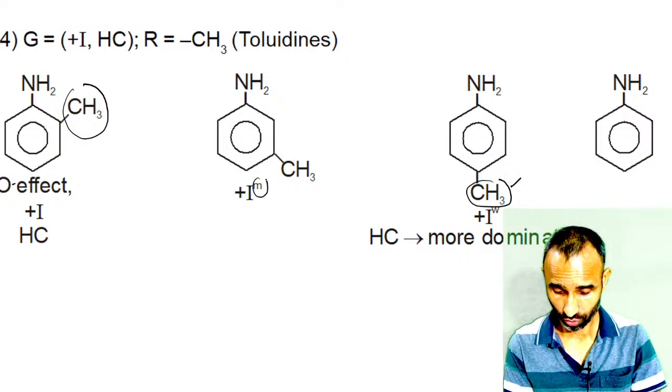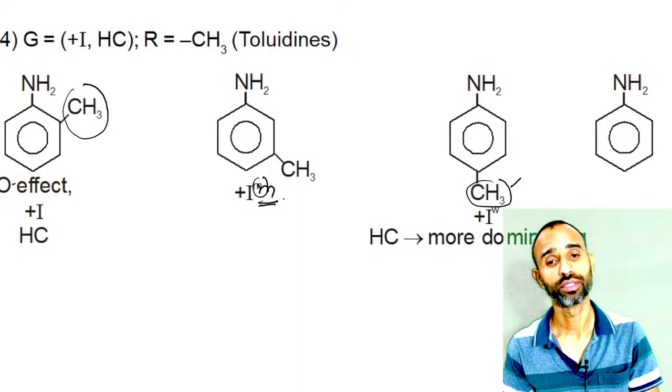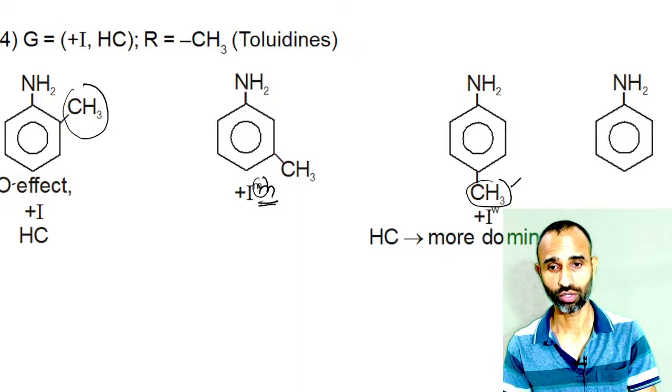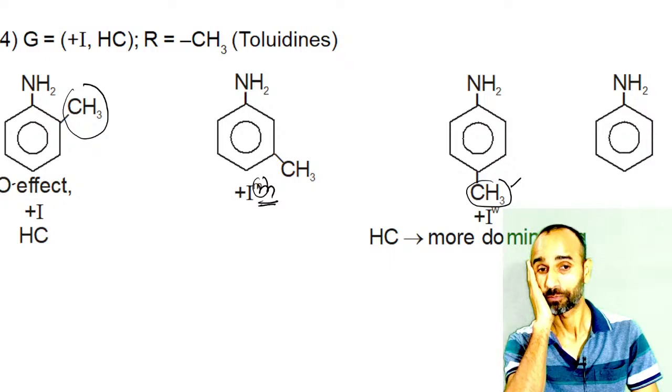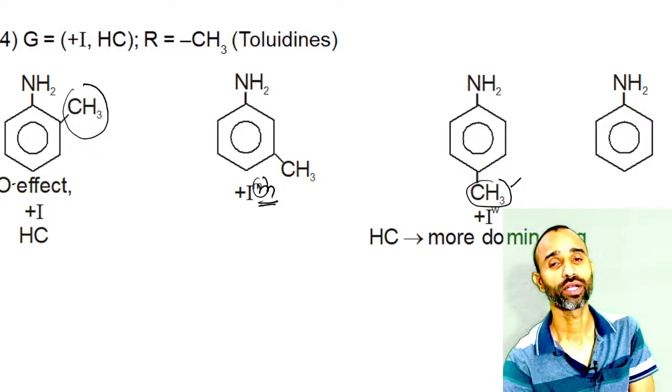At meta position there is only plus I effect. So what is the order of basic strength? They are called toluidines.